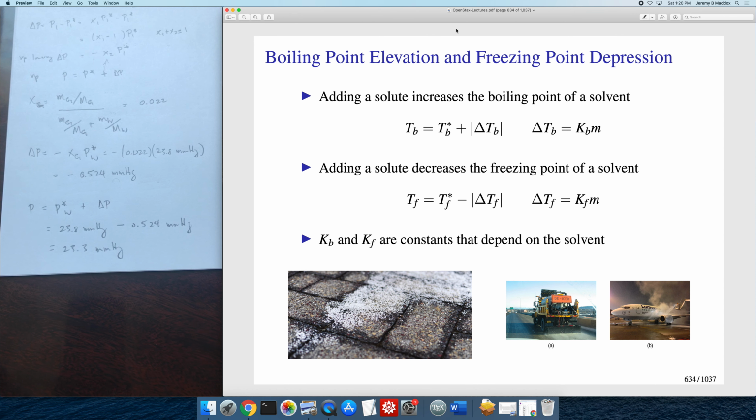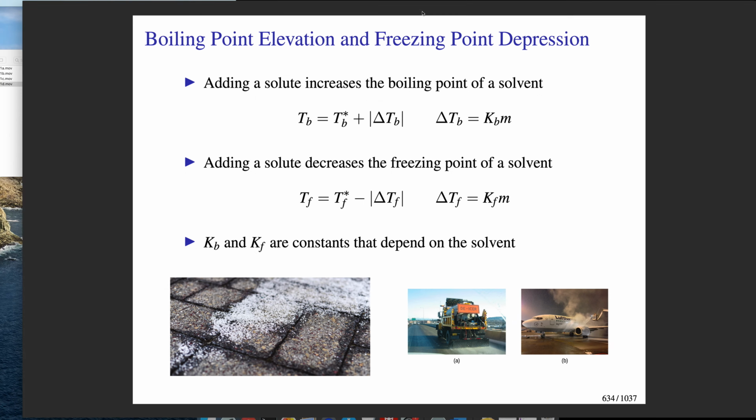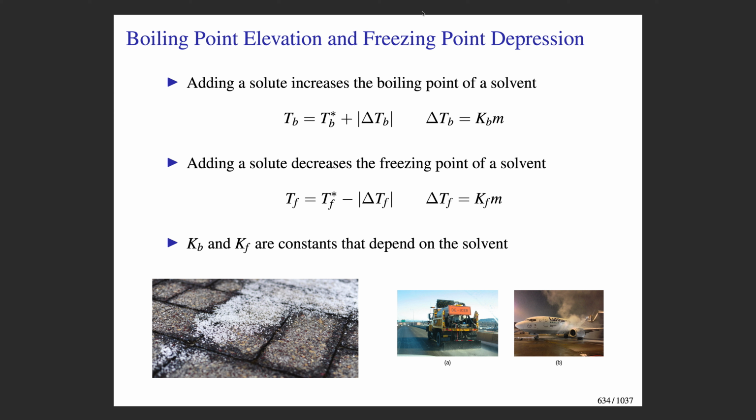All right, well, let's move on to our next colligative properties. We've got the boiling point elevation and the freezing point depression. I went ahead and put these on the same slide because they follow the same, or very similar, equations.